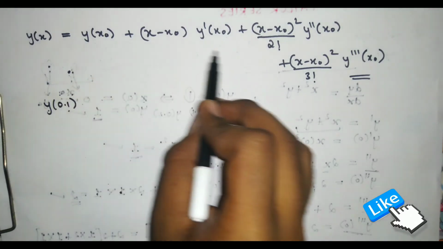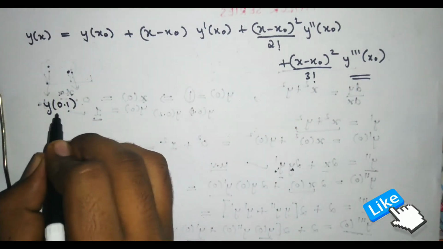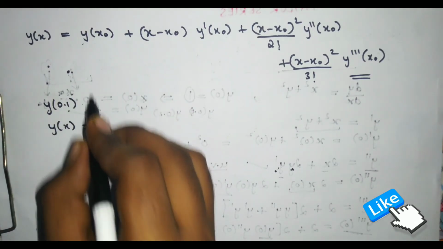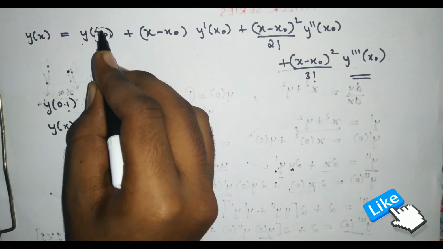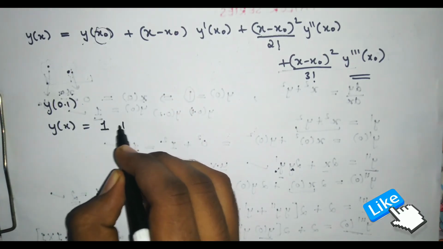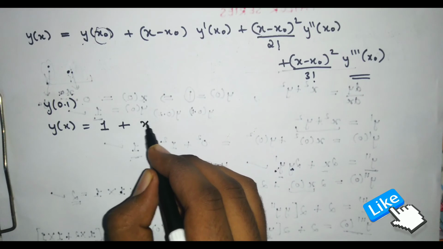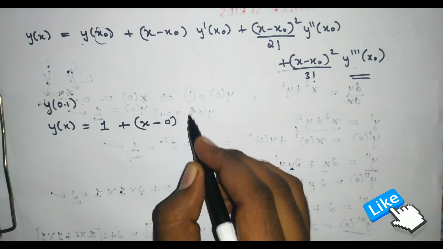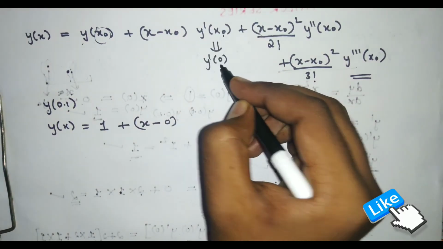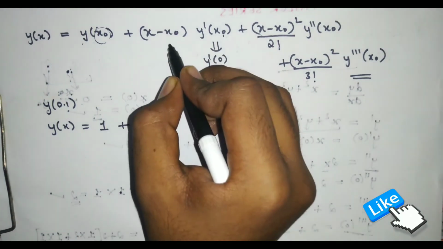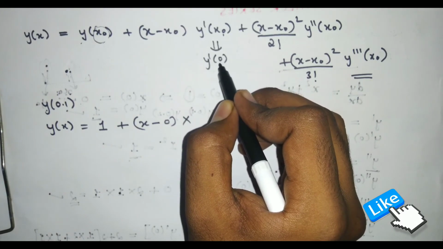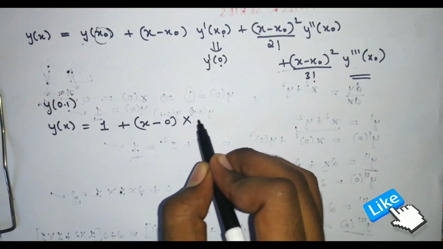So first we will simplify these terms and substitute all the values. So basically y of x, I'll simplify this equation. What is y of x naught? That is y of 0 itself, because x naught is 0, and in the question it's given that y of 0 is 1. Plus x minus x naught, so x minus 0, into y dash of 0, that is 1.